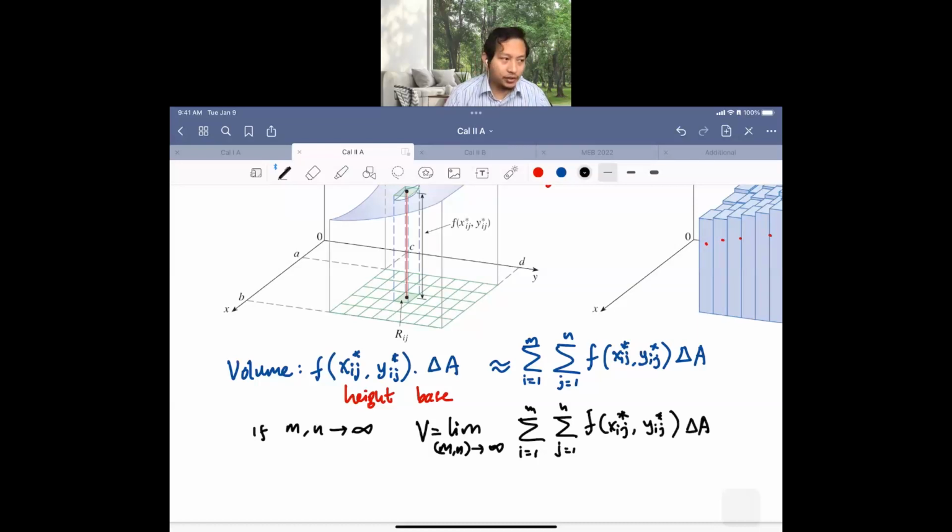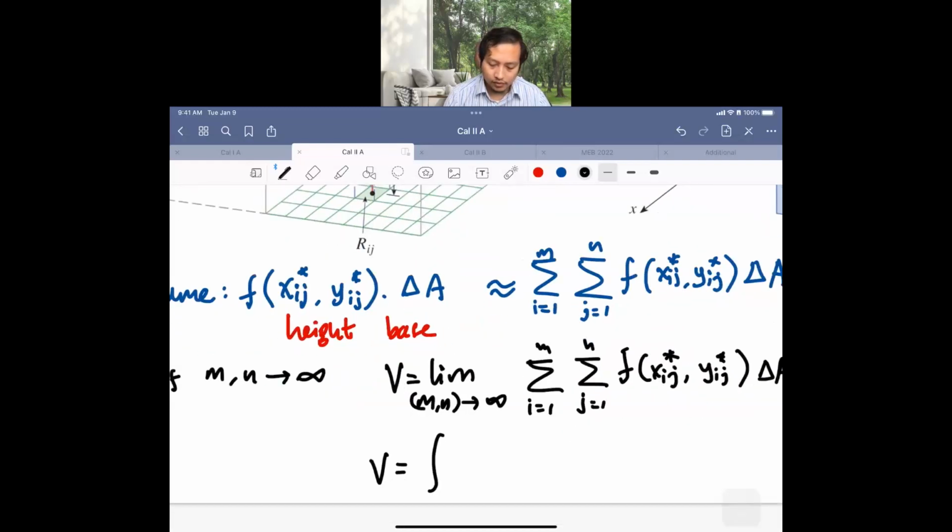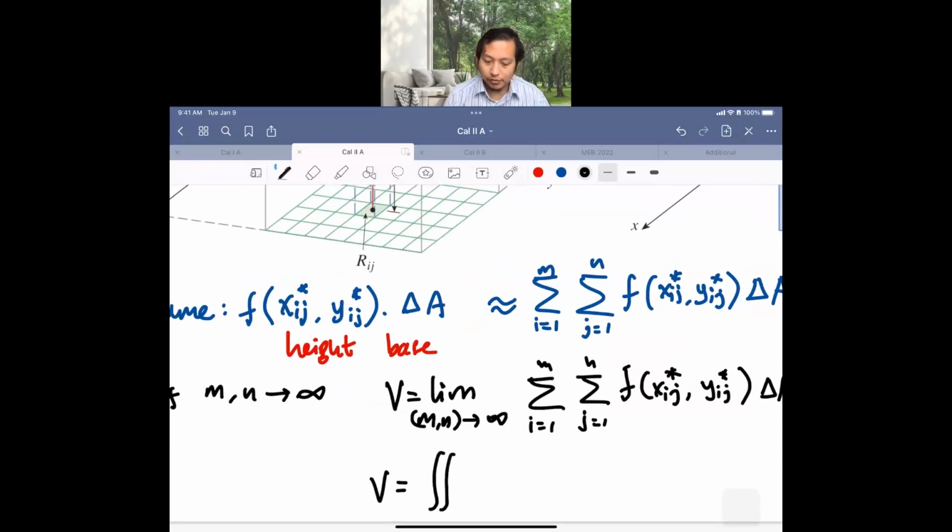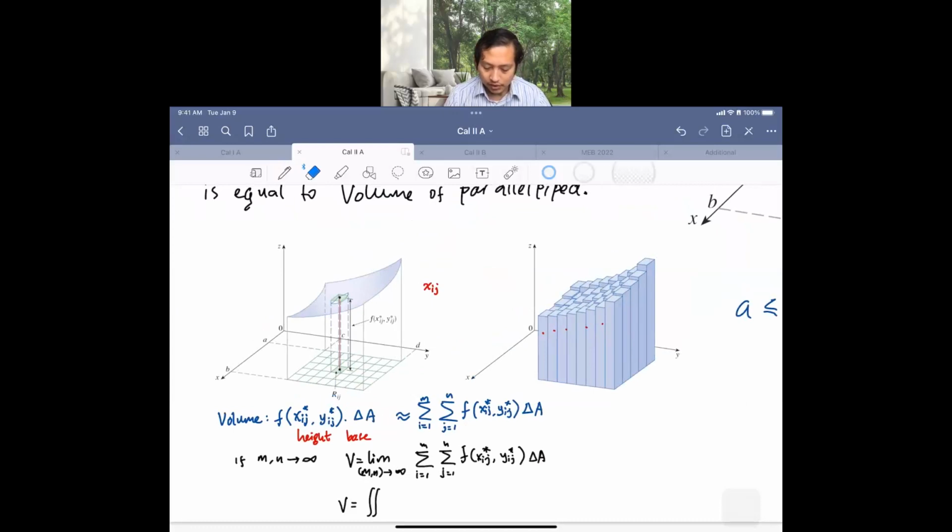We can take the limit, and based on our understanding of this limit definition, this will be equal to integration, because we have two summations, and we can write, or maybe let me write on the side, let me write here, double integral over R. This is f of x, y, and dA.